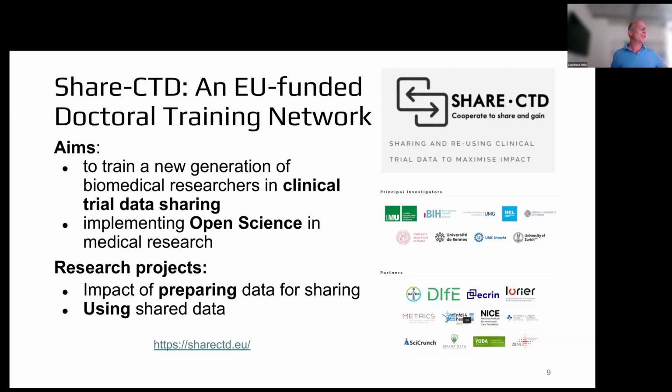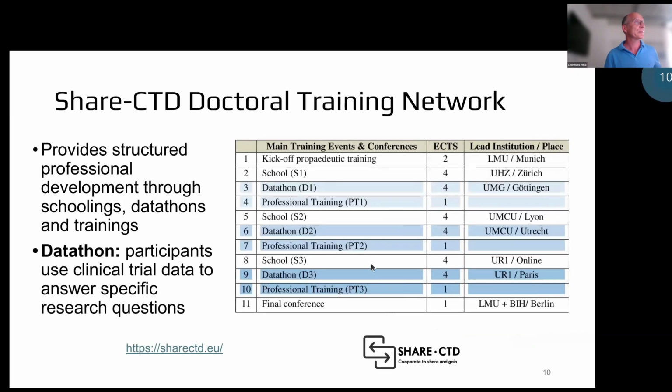So there are several PhD projects on the impact of preparing data for sharing, or how to use shared data, as I said, in an IPD meta-analysis. And part of this network are so-called datathons. So you may have heard of the term hackathon, where you try to reproduce published results and you code it up again.